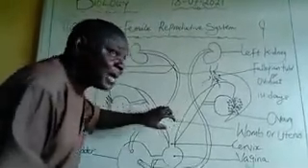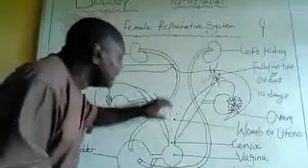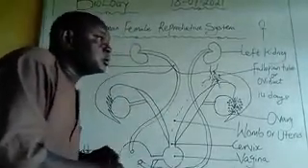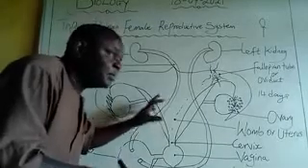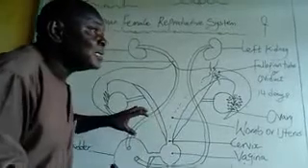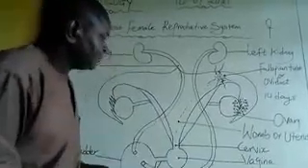The fertilized egg is called a zygote. This zygote will remain here. It will develop until it becomes a baby. Alright?